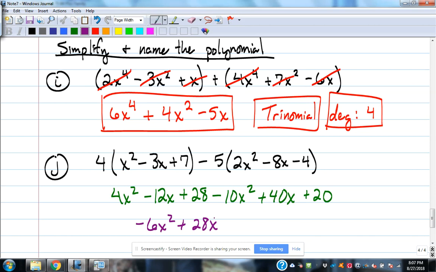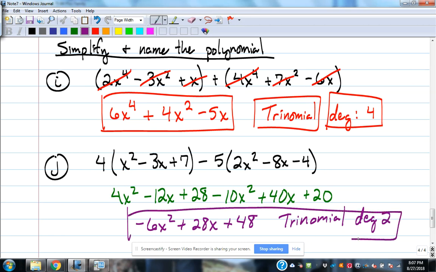And then the plain numbers plus 48. That's as far as it can go. So it's a trinomial with degree 2. So it combines a lot of stuff we've done tonight so far.